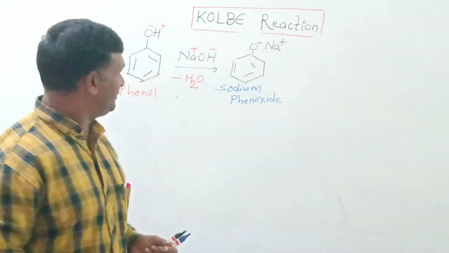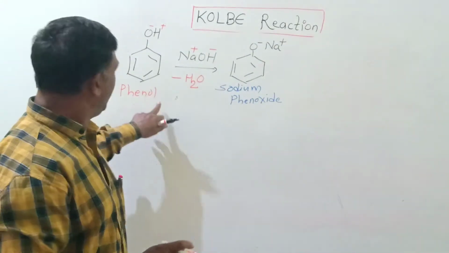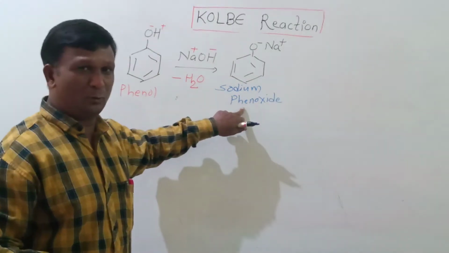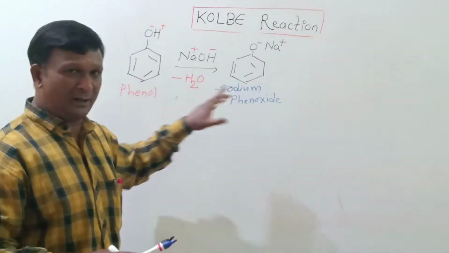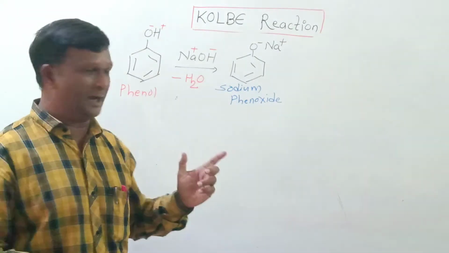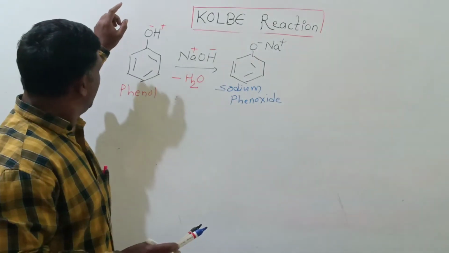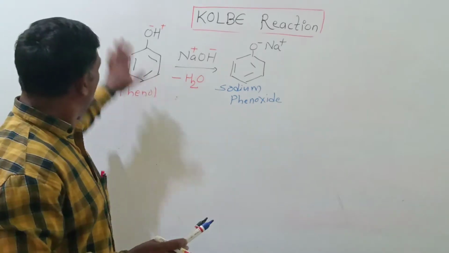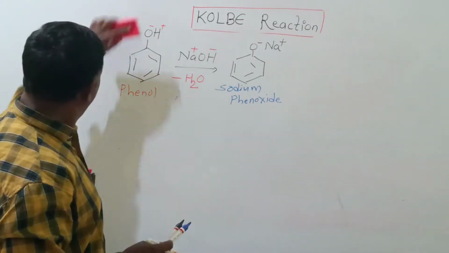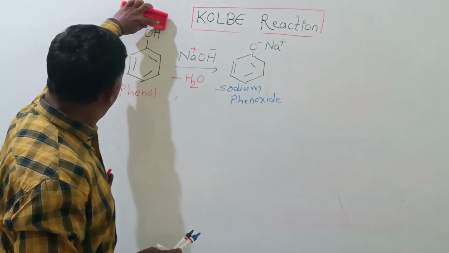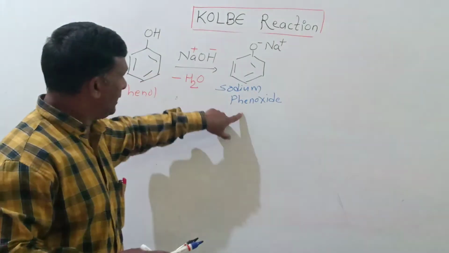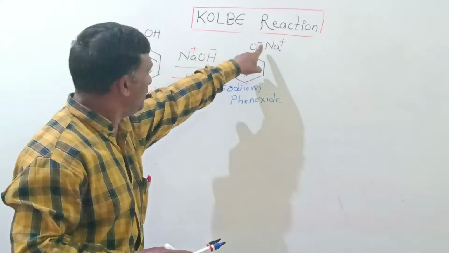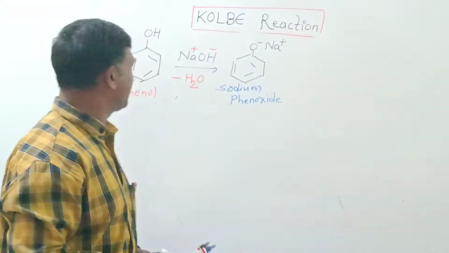Now the question is why phenol gets converted to sodium phenoxide. If we look at the structure, we will find that there is no negative charge on the oxygen of phenol, while in sodium phenoxide there is a full negative charge on oxygen.